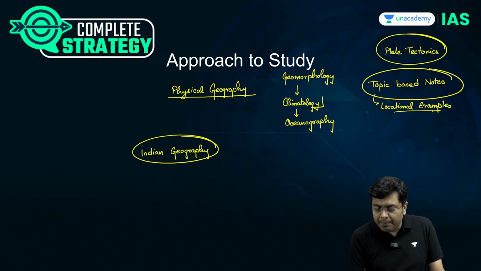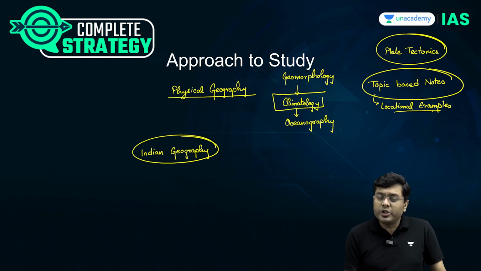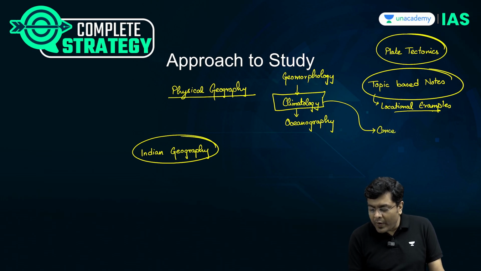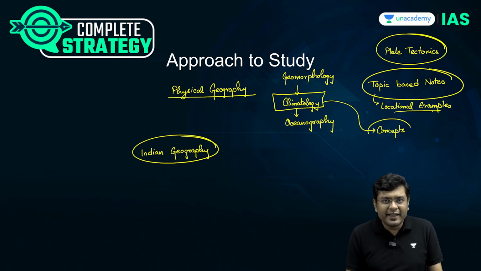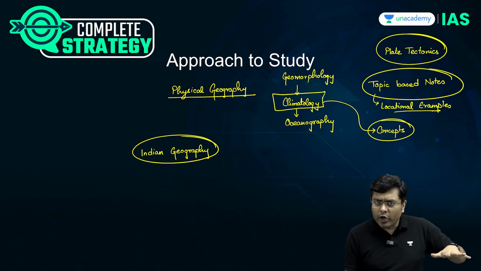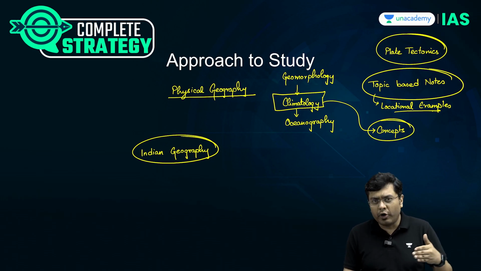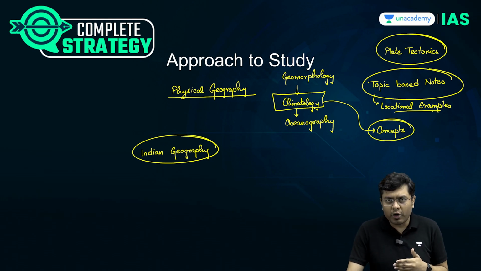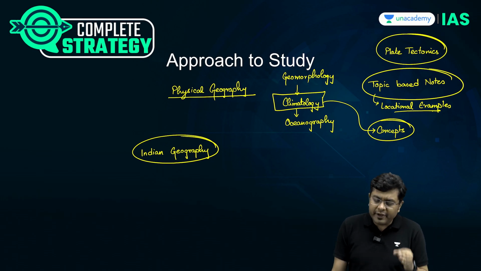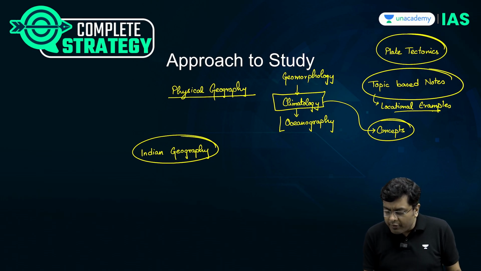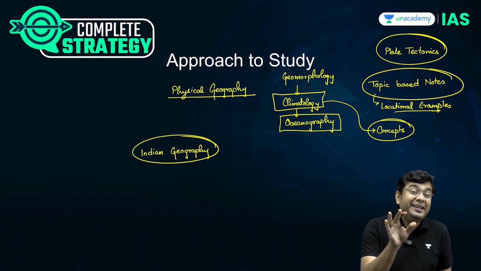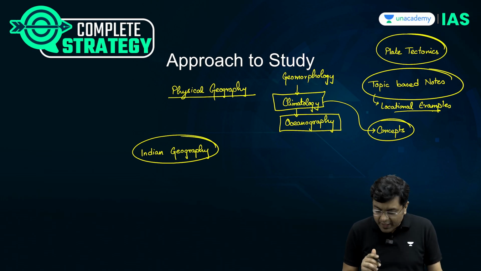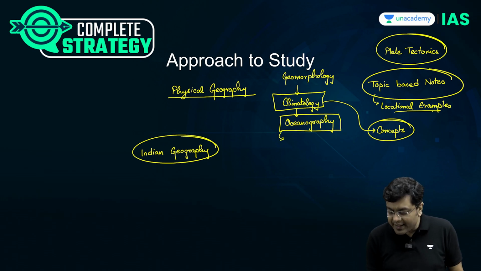Climatology is the most important one, the concepts around climatology, because UPSC twists the particular sentences to put you in hot water and then test your resolve, whether you are able to solve it or not. So climatology is very, very important. Oceanography is the one which will give you the easiest marks. This is where you will get the easiest marks. Why?